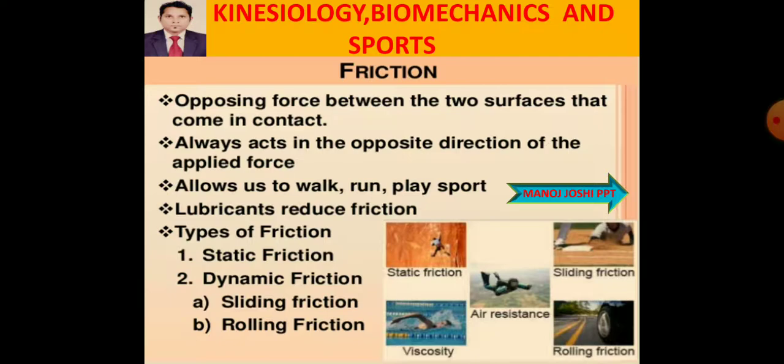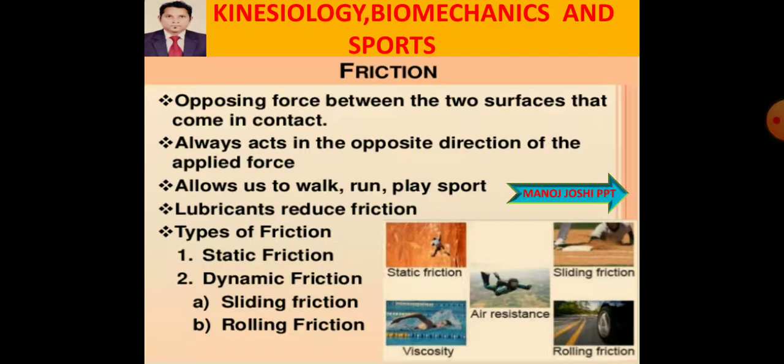Friction always acts in the opposite direction of the applied force. It allows us to walk, run, play sports activities. Without friction we cannot maintain our balance. When there is no friction we can slip down. When there is more friction, there is loss of energy, because that is the opposing force.